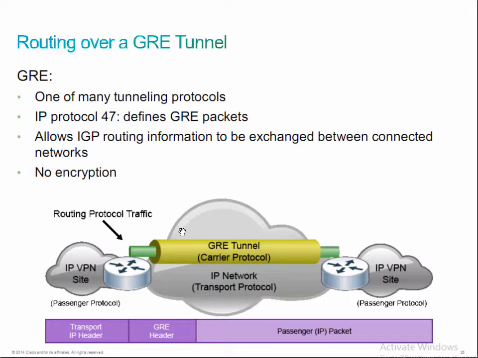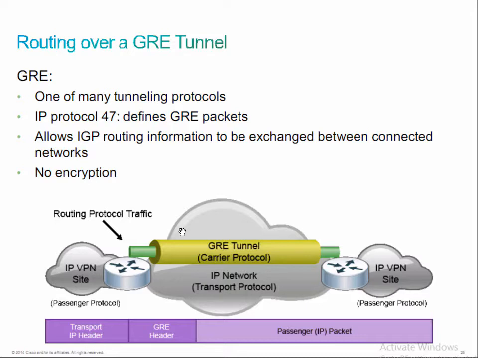Why is that a problem? Well, because if you want to run a routing protocol such as EIGRP, which uses multicast, you're going to have a problem, because multicast doesn't work over the internet.